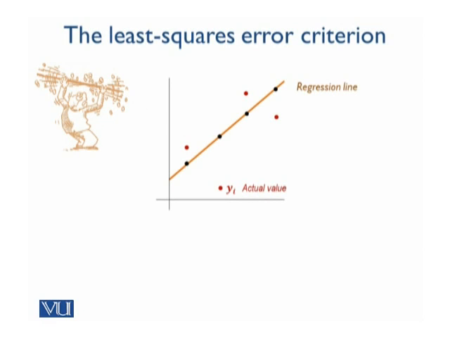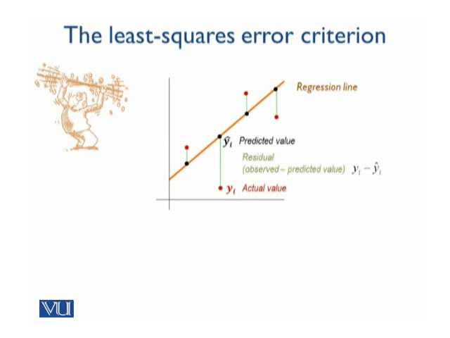And when we draw the line through these points, the prediction of the regression line for the same x value is known as the predicted value. We define the best fit line as the line which minimizes the residuals, and we define the residual as the difference between the predicted point and the observed point.